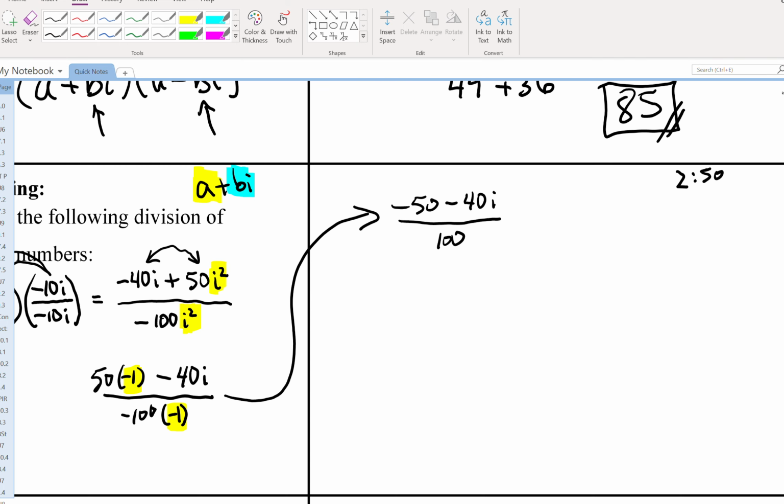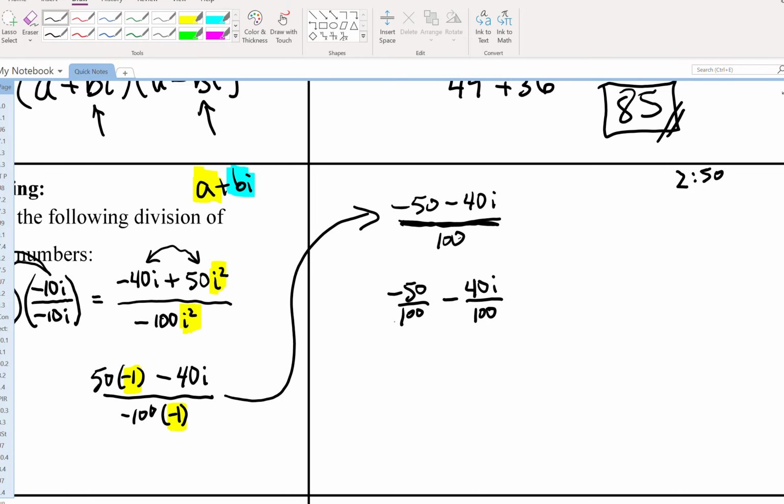Now, you could say, hey, we're done, but what's the real part here? Remember, all of this is being divided by 100, and that's the same as saying I've got negative 50 over 100, and then minus 40i over 100. And then you can simplify this if you just know how.